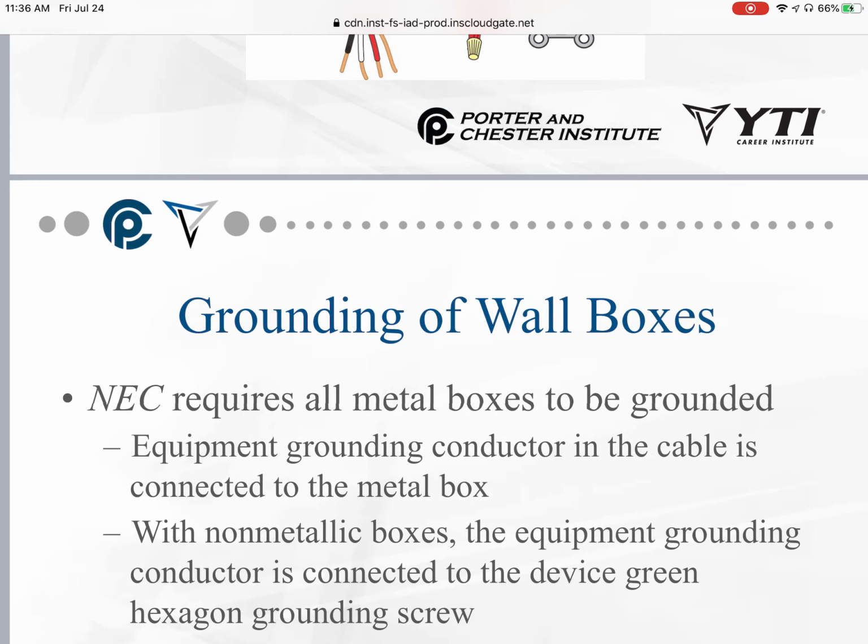Those tables just essentially show us the minimum size boxes we can use. So if you're using table 314.16(A) and table 314.16(B) to size your boxes, remember that, guys. If you find in the code, okay, I can use this size box, a 4-inch square by 2 1/8 inch deep with a 1/2 inch mud ring, that's the minimum size. If you can get a bigger box in there, be my guest.